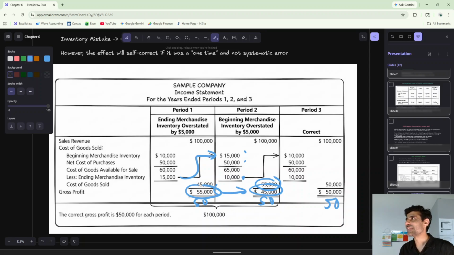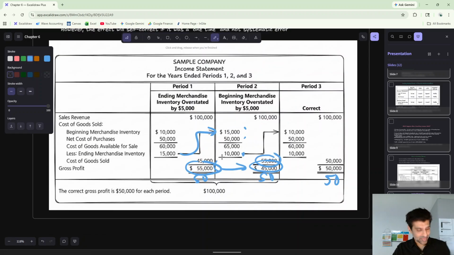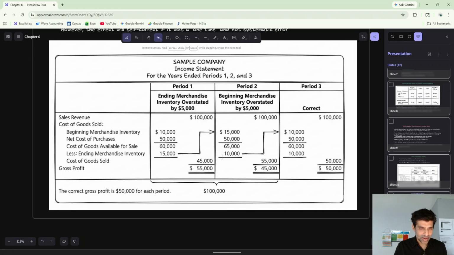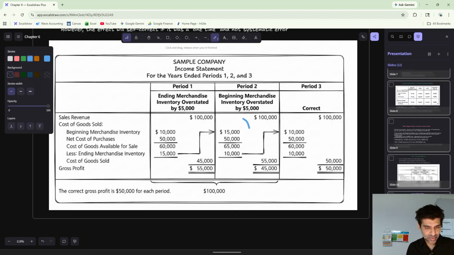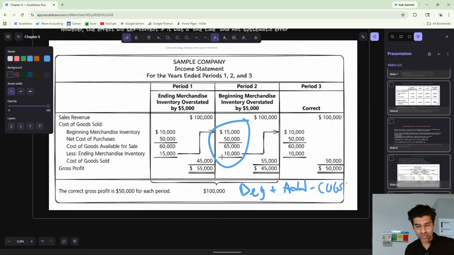All right, any questions on this? I don't think it's worth spending too much time on. But what we can take away is this framework that we have here, where we have beginning balance plus additions minus your cost of goods sold equals ending.